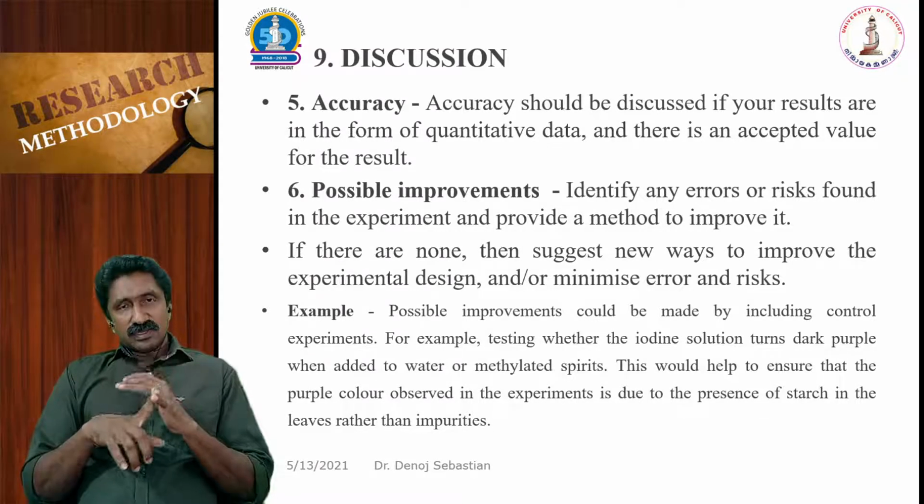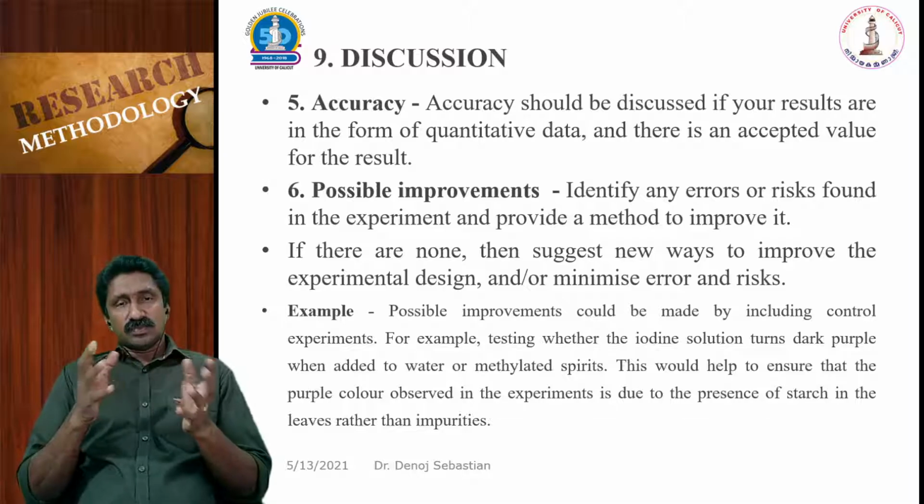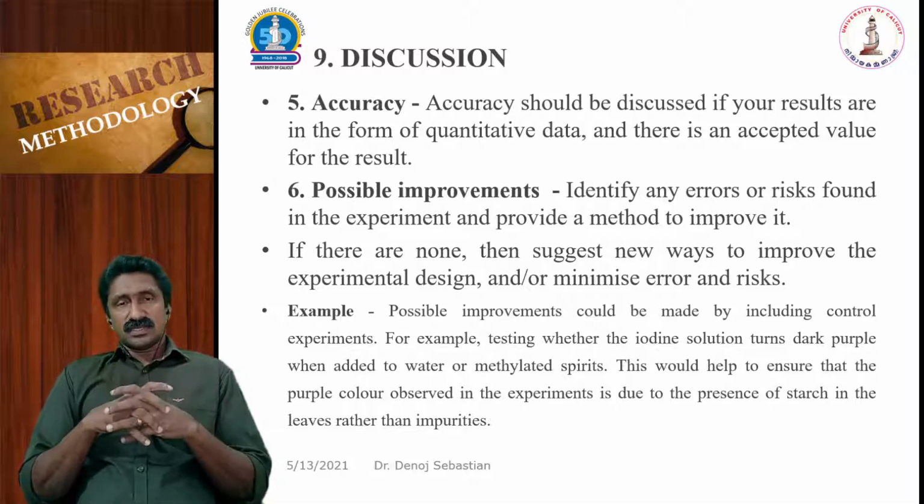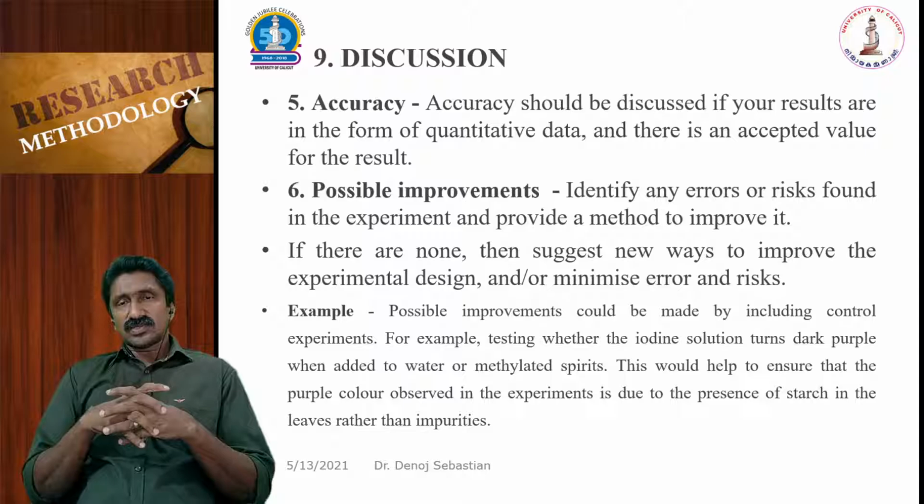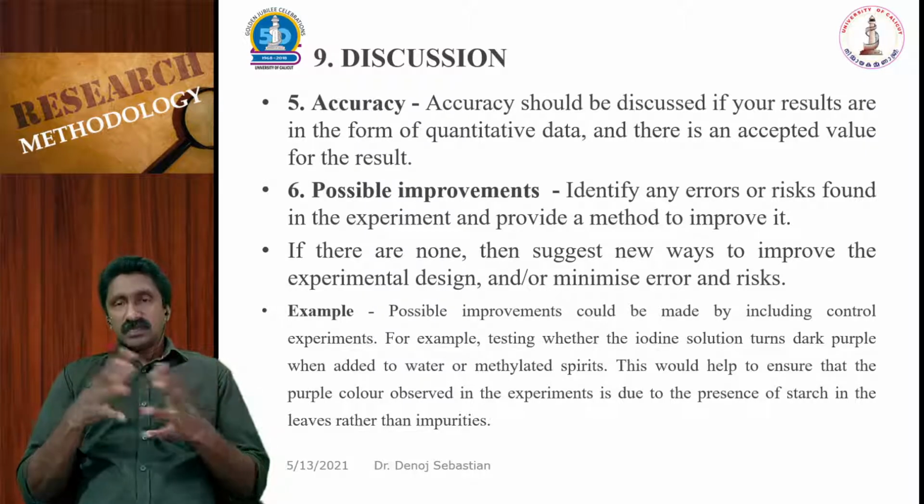And if there are none, then suggest new ways to improve the experimental design and minimize the errors and risk. If you don't have any errors, then also you can suggest improvement methods.